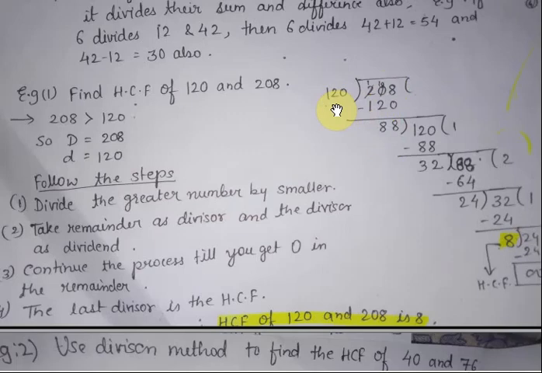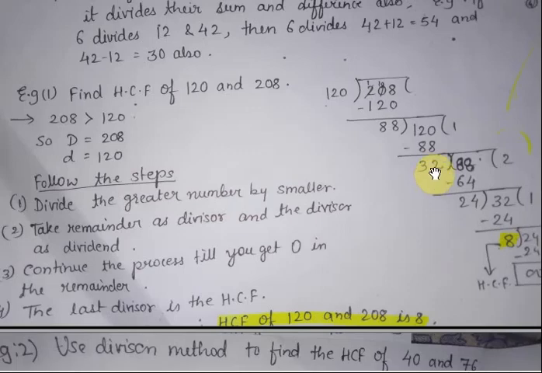In the next step, the remainder acts as a divisor and the divisor acts as a dividend. So we write 120 here and divide 120 by 88. After dividing 120 by 88 one time, the remainder is 32. Again we repeat this process.